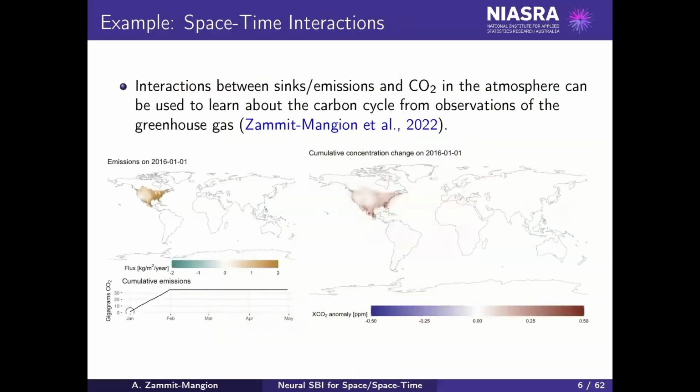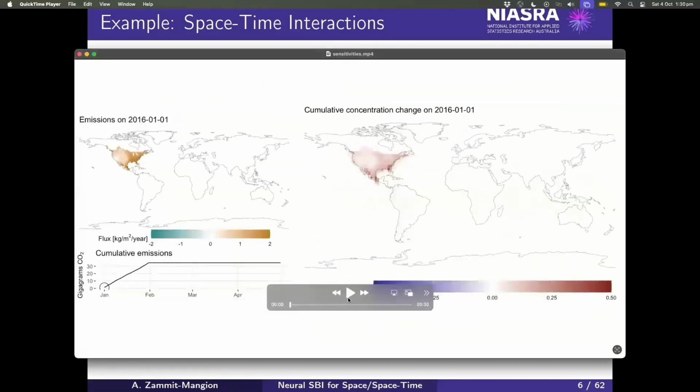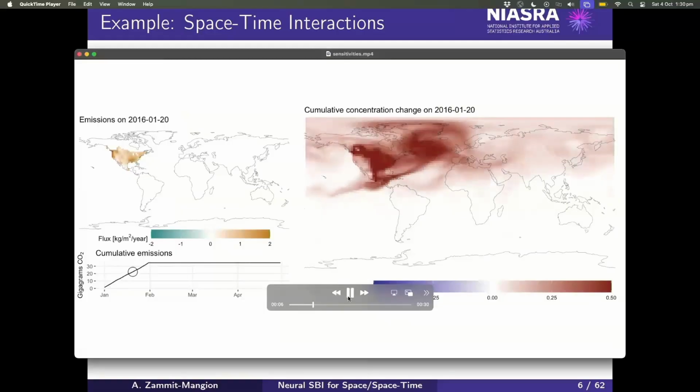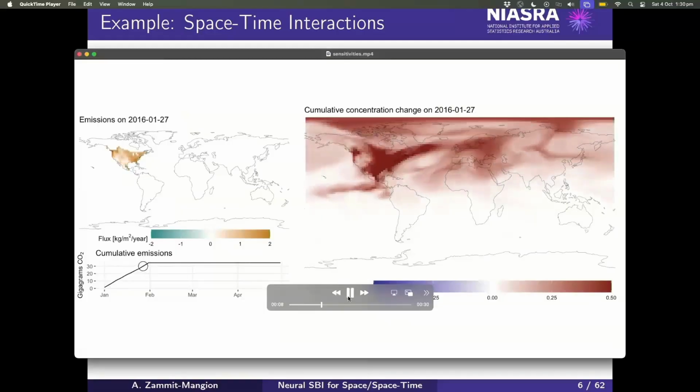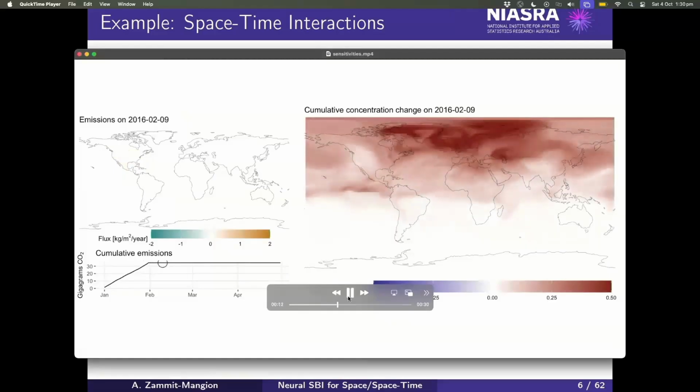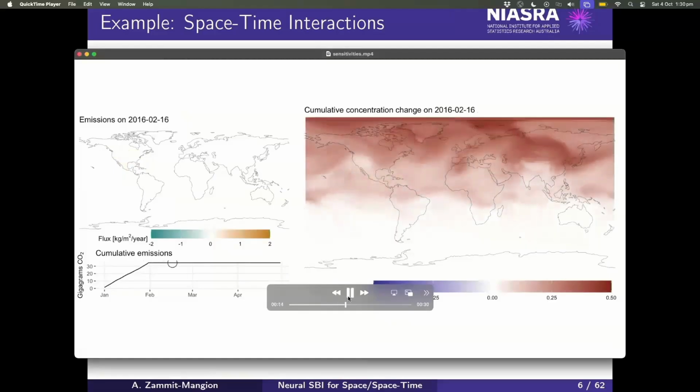This is another big project that I've worked on for many years. It's also a multivariate space-time model, which this time incorporates physics in terms of atmospheric transport. This is what we call a flux inversion problem. On the left here, I'm showing you flux. So that's actually the rate of carbon dioxide emissions in the United States in January, and then I'm switching it off in February. That's one process, a space-time process.